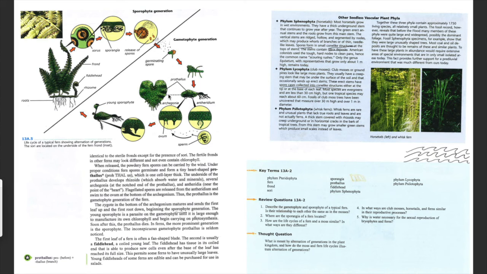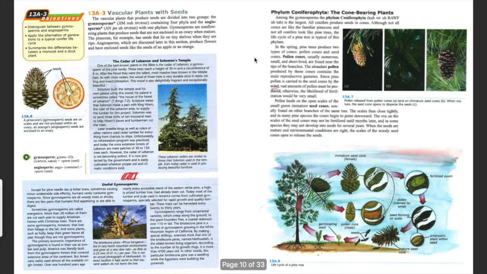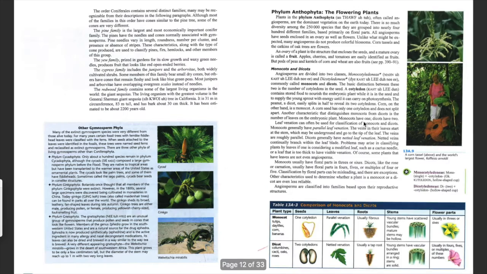And as we talked about, the prothallus, we have the archegonia and the antheridium. The ovum is the female, and this is the male. Together they create a young sporophyte, which leads us to the sporophyte generation. Okay, vascular plants with seeds. Right here are the conifers, the cone-bearing plants.